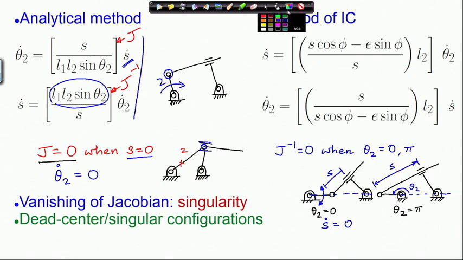For example, if I move the link 2 in the clockwise direction, then at this configuration S dot is 0, but as you keep moving, as the link 2 comes to such a position, S will contract. So, S dot will be negative. If you move in the other direction, there also S must contract. So, exactly at this configuration S dot is 0, and S has to reverse its direction.